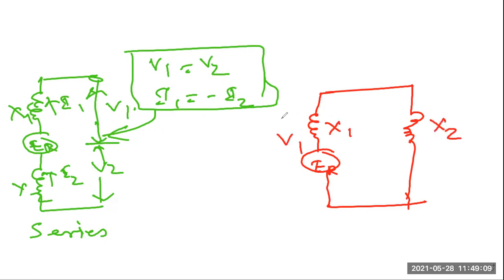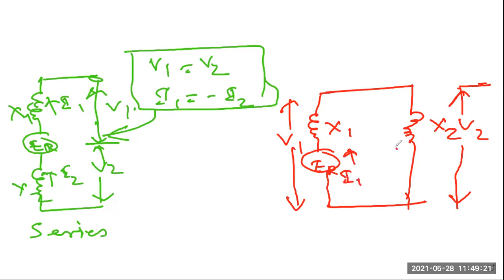Obviously this is your V1 and this is your V2. And this is your I1 and this is your I2. Now just cross check whether we are getting this network from this expression. Yes, sir. Parallel connection. Anyone has any doubt, please tell me.